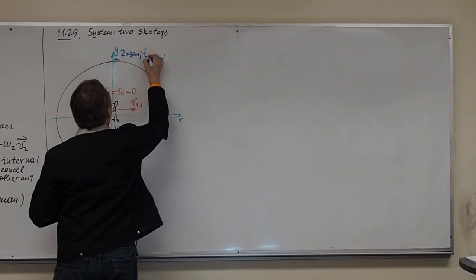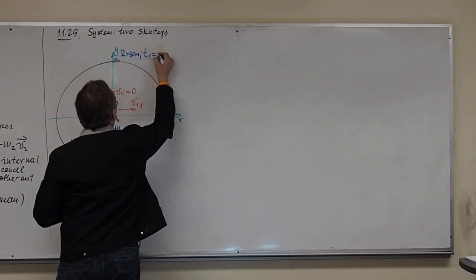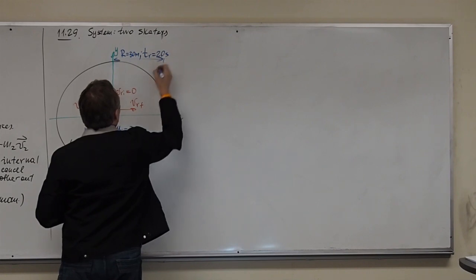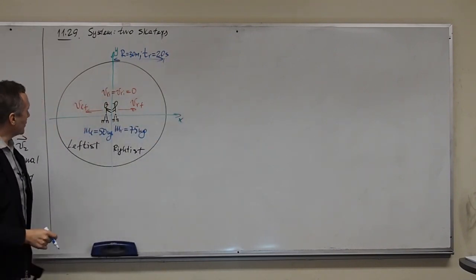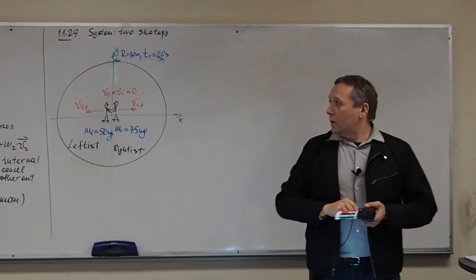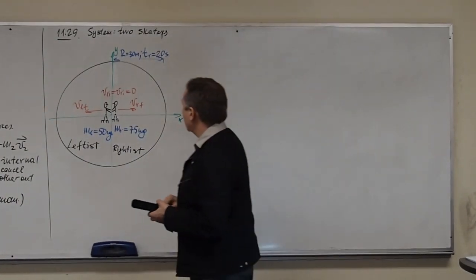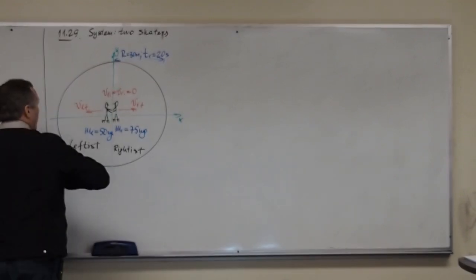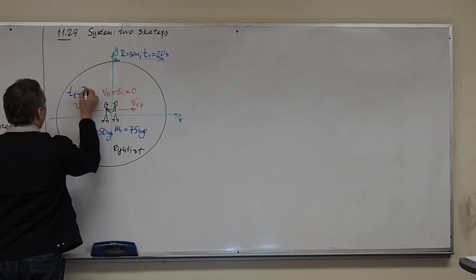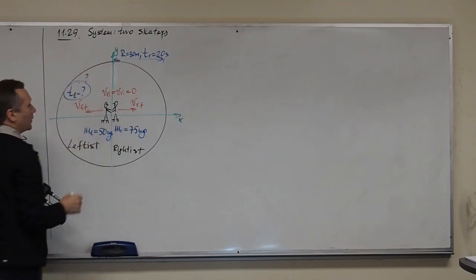And we know the travel time of the rightist person is 20 seconds. So that's what is given. Now we need to find the travel time of this left person, TL. That's our unknown.